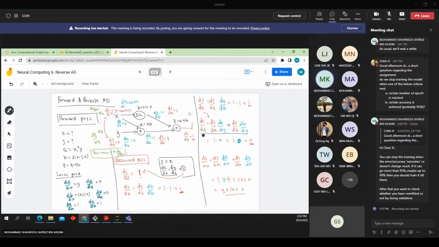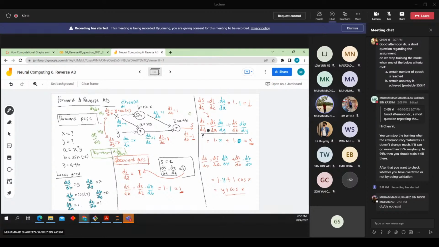Then ds over dy equals ds over dA, since A is a function of x and y, right? But why do we put the ds over dB, since B is only a function of x? It's just for formulation.